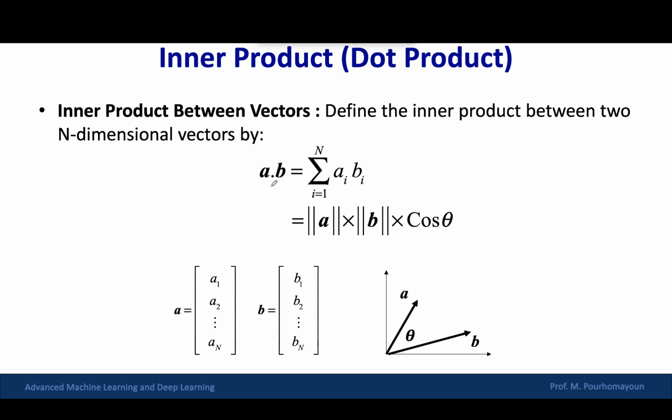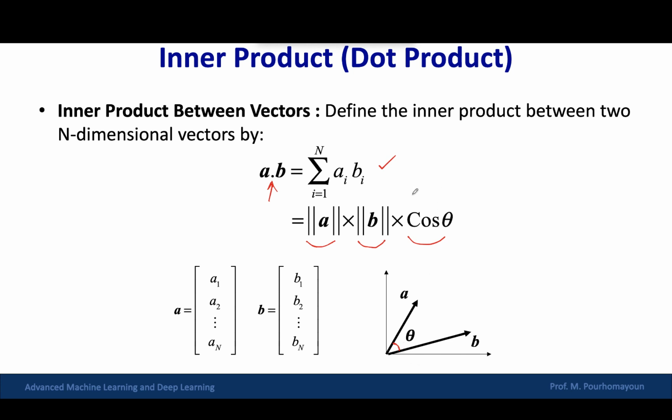For two vectors A and B, the dot product or inner product is the summation of element-wise multiplication, which is also equivalent to multiplying the length of the first vector by the length of the second vector times the cosine of the angle between them. These two are the same. We can prove that the summation of element-wise multiplication is equal to the length of the first multiplied by the length of the second multiplied by the cosine of the angle between them.